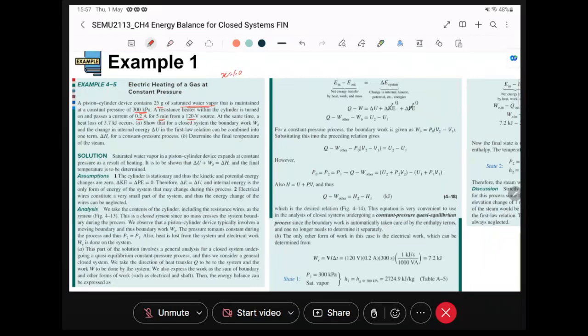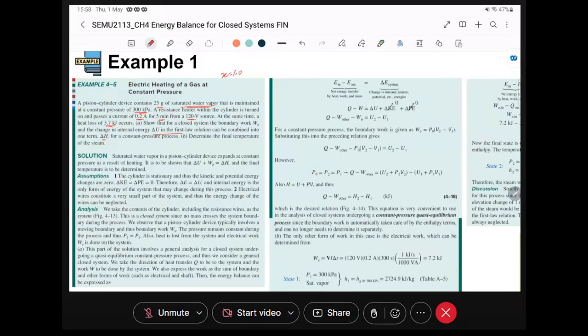At the same time, a heat loss of 3.7 kilojoule occurs. Show that for a closed system, the boundary work and the change in the internal energy can be combined into a term called delta H, which is the change in the enthalpy. That's the first question.